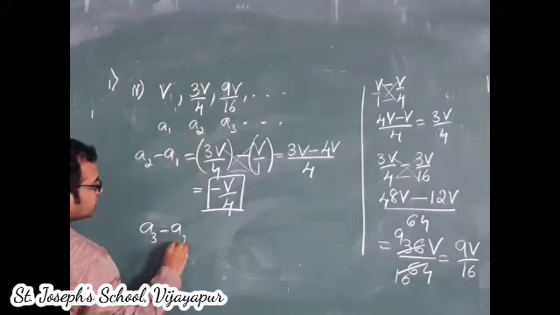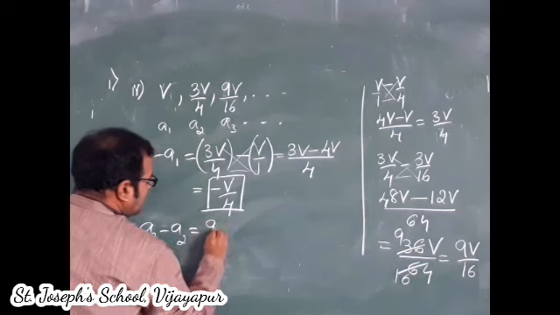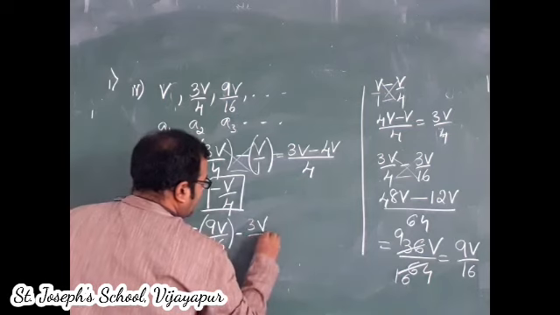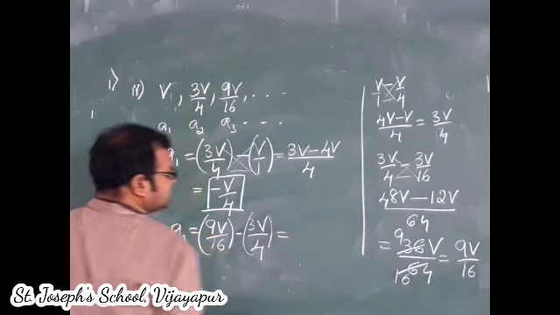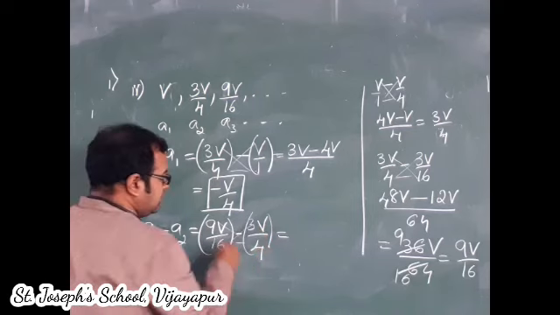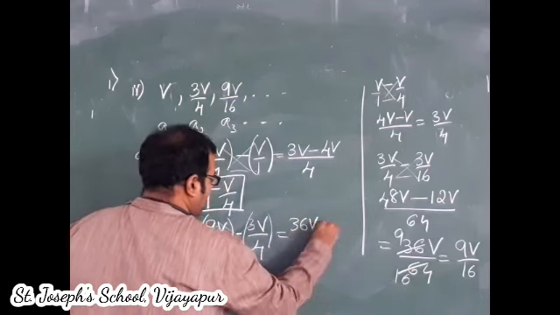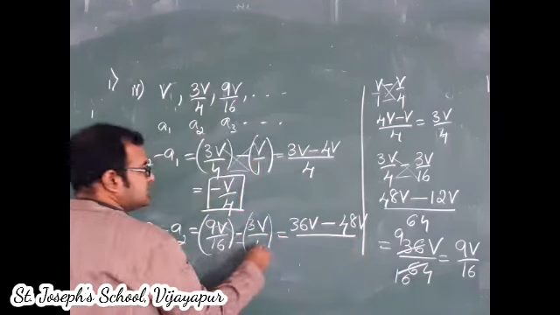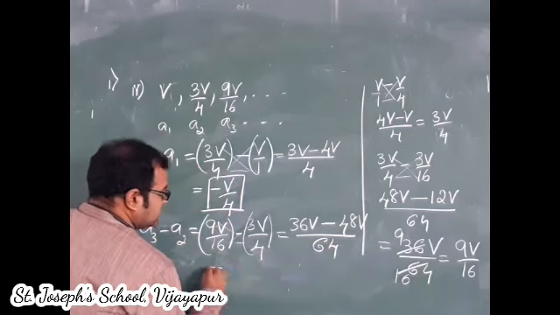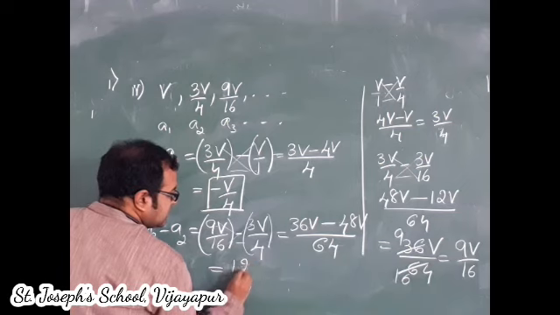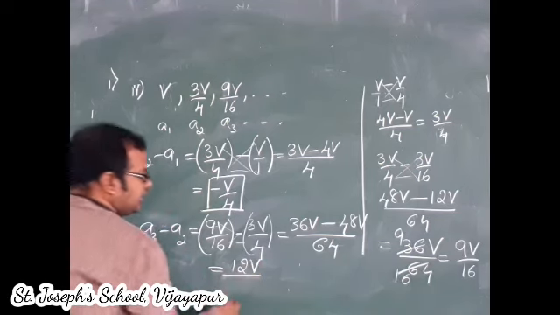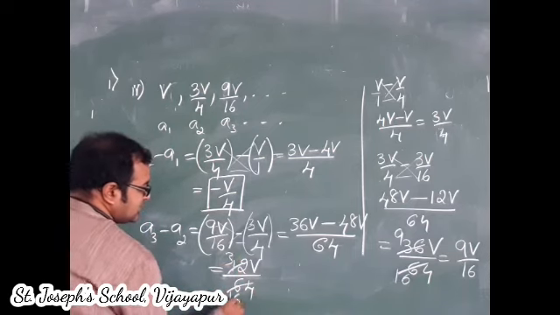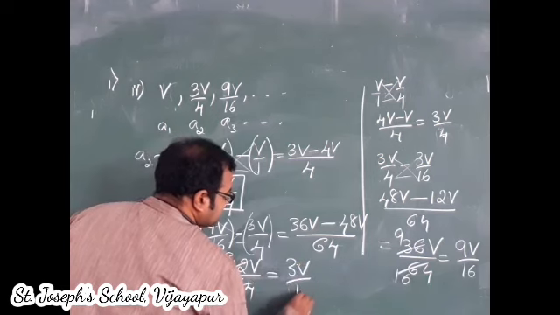A3 minus A2 is equal to A3 being 9V by 16 minus 3V by 4, which is equal to, I just simplify by the LCM method, 9 4s are 36V minus 16 3s are 48V divided by 16 4s are 64, which is equal to 36 minus 48 is 12V by 64. 4 3s are 12, 4 16s are 64. Answer is 3V by 16.